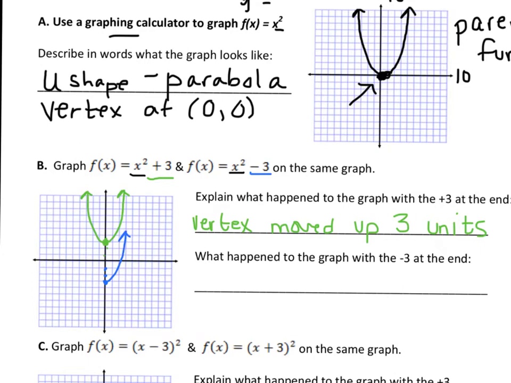It's still a parabola, but this time, instead of the vertex being at (0, 0), the vertex moved down 3 units. So if you look at what's happening, when you add 3, you move up, and when you subtract 3, you move down. This should make you think of when we first studied transformations during Chapter 1.